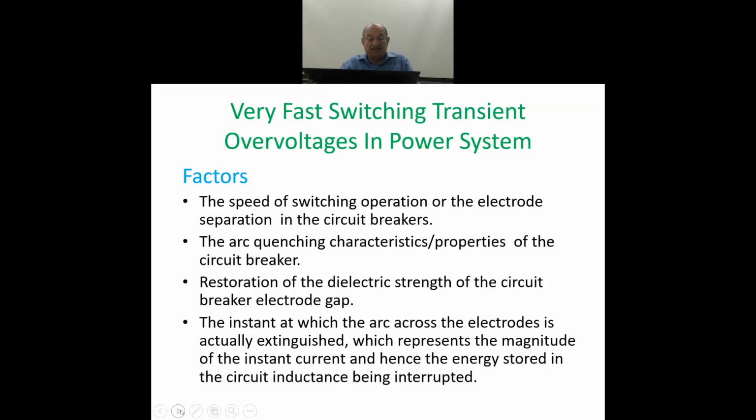The instant at which the arc across the electrode is actually extinguished represents the magnitude of the instant current, and hence the energy stored in the circuit breaker inductance, as I mentioned.